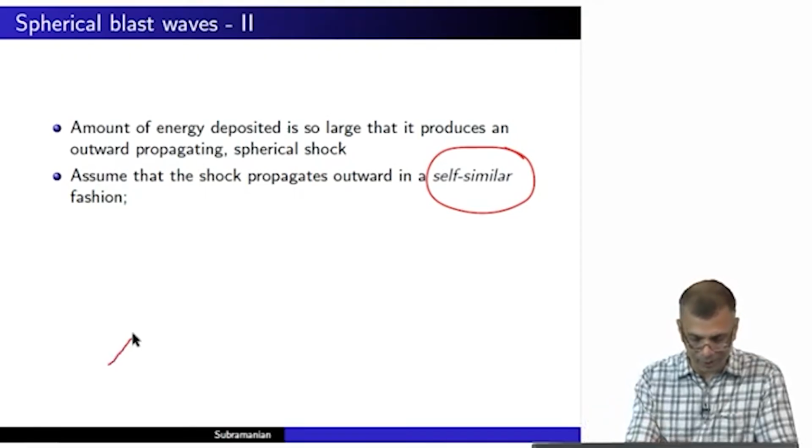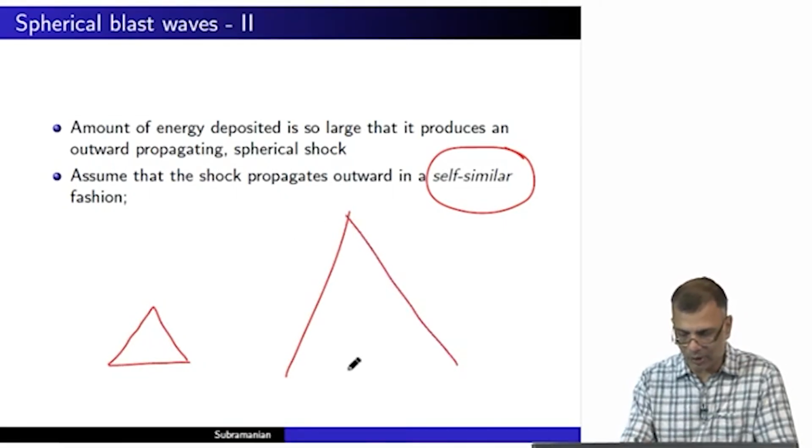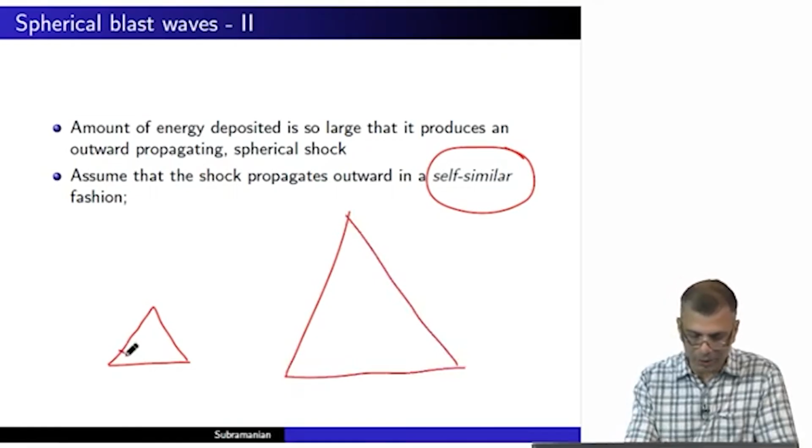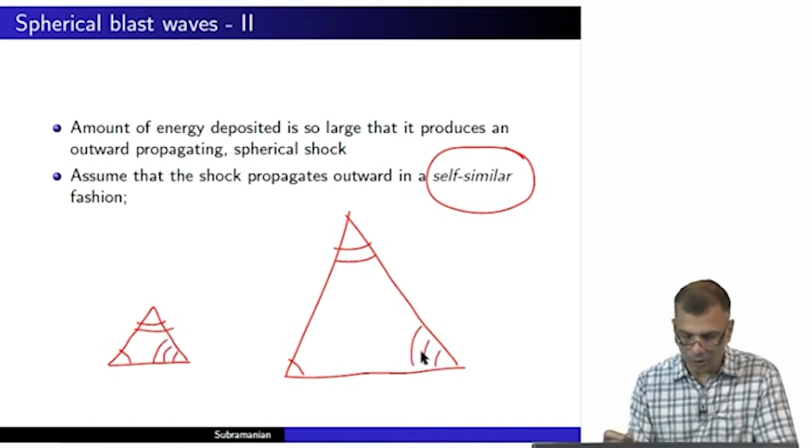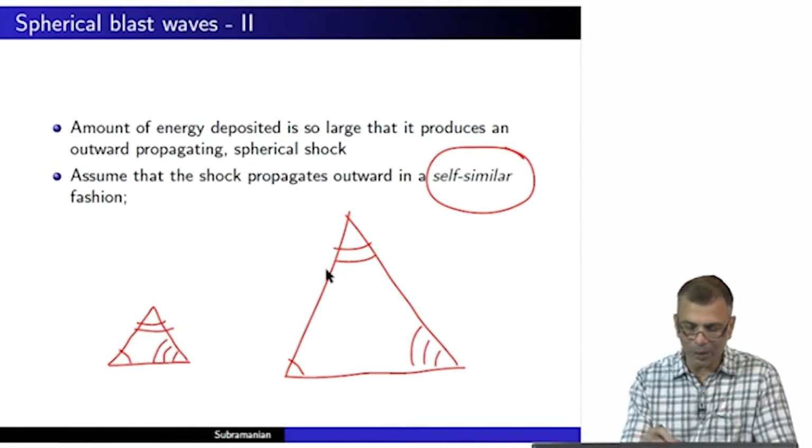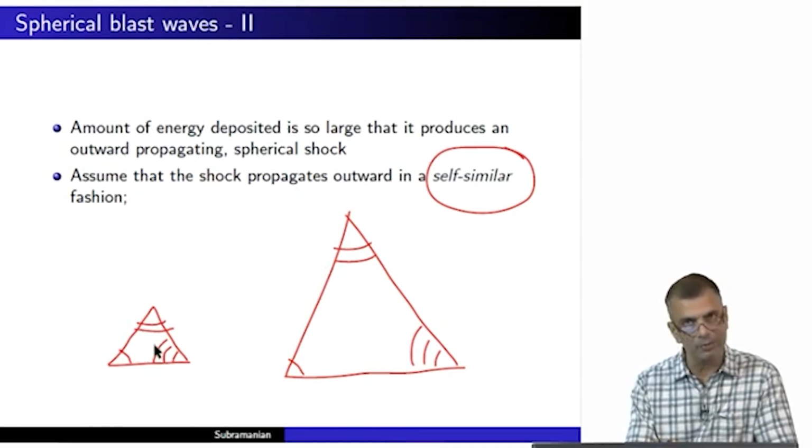One equilateral triangle is small and the other equilateral triangle is large. But they're similar in that the angles are the same. So this is simply a larger copy of this.